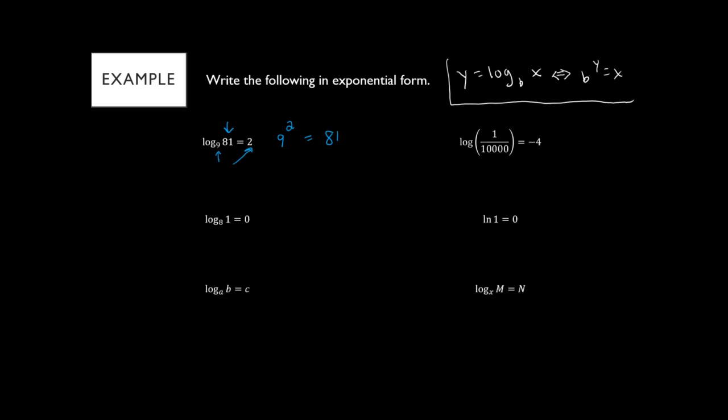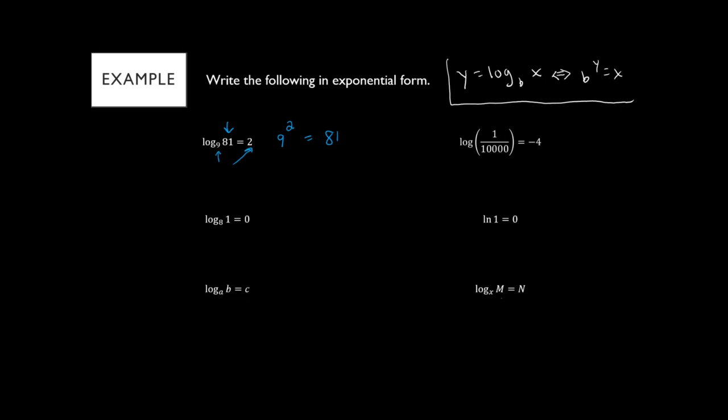I always start with the base, then the exponent, then whatever's left over. You can see 9 squared is equal to 81. If you're writing exponential form and it doesn't make sense, you messed up, because it's supposed to be a true statement. So log base 9 of 81 equals 2. What this means is if you're taking the log of 81 and the base is 9, the exponent is going to be 2. It gives you the exponent.